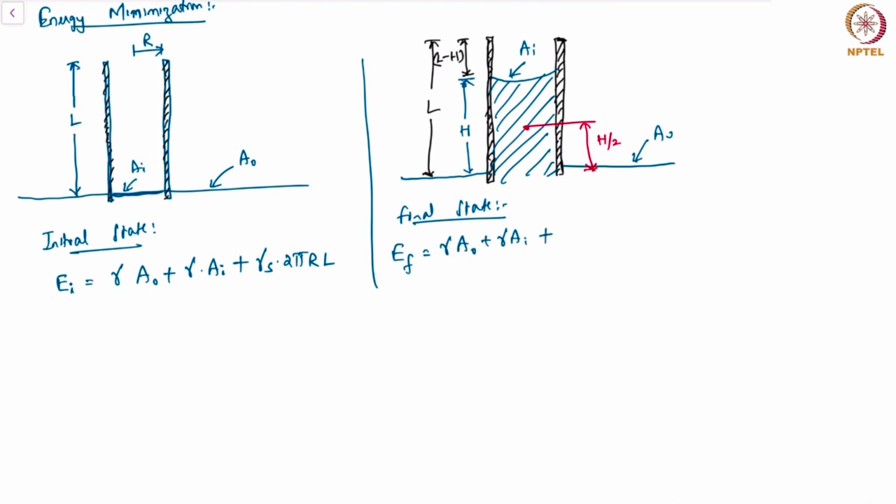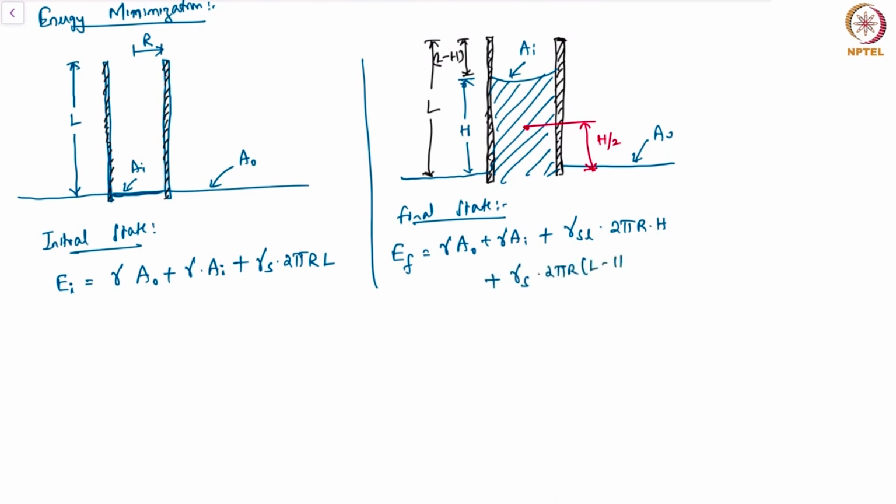Now we have the part of the tube of height H that is basically covered with a liquid. So we have gamma solid liquid times the surface area of the cylindrical portion of the column that I've shaded in blue. And that will be 2 pi r times H. I also have the surface area above, which is gamma solid times 2 pi r.